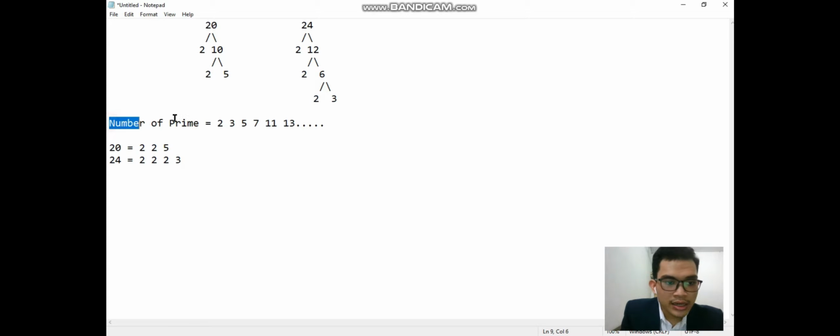We look again: we don't have 6, only 5 and 7. We continue. 6 divided by 2 is 3. Do we have 3? Yes, we have 3, so we stop here. So the result is 2, 2, 2, and 3.